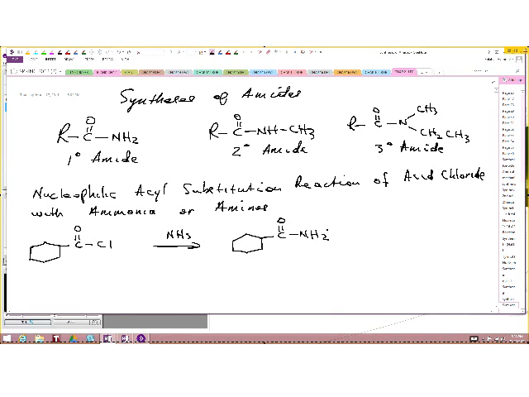Now to name this molecule, let me give you a simple example first.